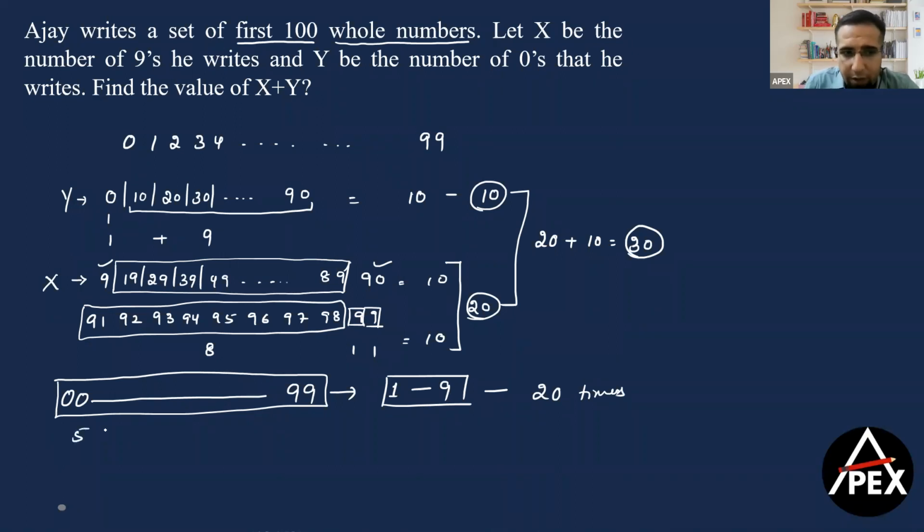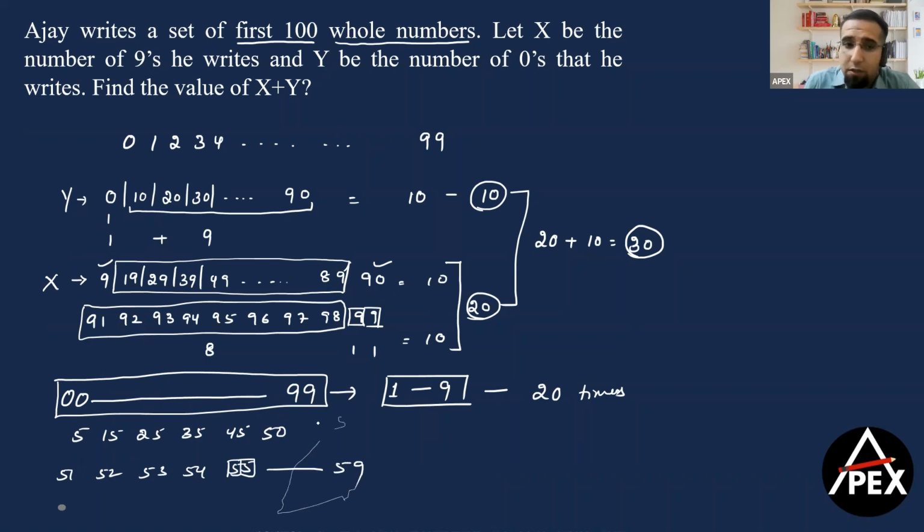So I have 5, I have 15, 25, 35, 45. Then you have 50. Then we have 51, 52, 53, 54. 55 will have two fives. And then this goes up to 59. Then we have 65, 75, 85, and 95. So this will be 10 fives and this will also be 10 fives.